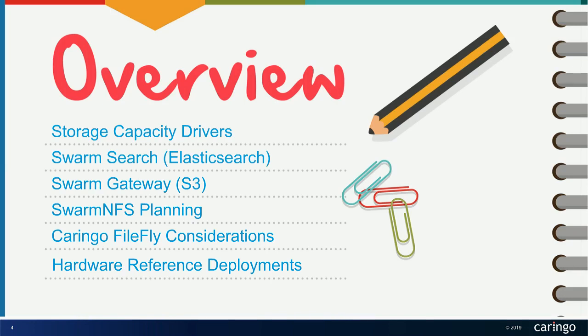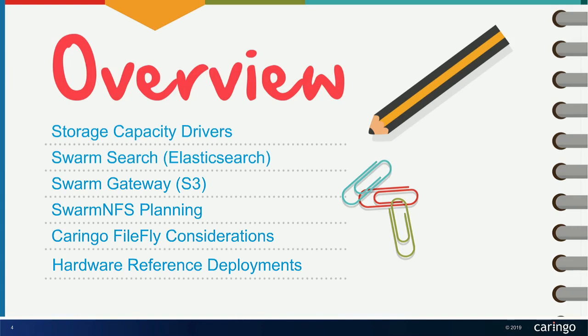Well, everyone, let's go through a quick overview of what we plan to cover today. We'll start off with a top-level overview of what I consider to be the basics for storage capacity drivers, specifically for object storage solutions. And then as we go through it, we'll dive down into the specifics of various components, not only the core components of Swarm, but also the additional product offerings such as Swarm NFS, Caringo File Fly, and so on. We'll dive into Elasticsearch sizing, which is a fairly important piece involved in all of this.